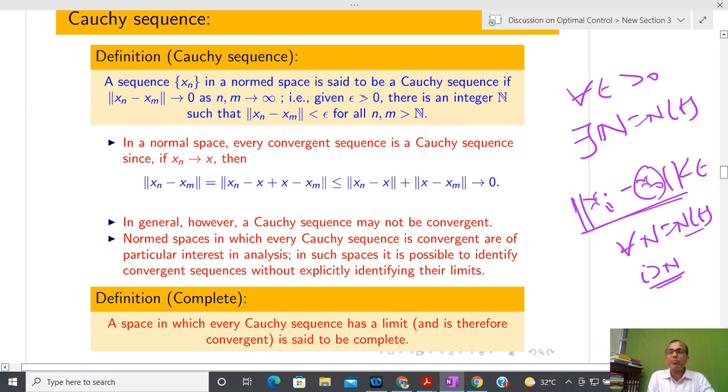Again I formulate a ball of radius epsilon, and we have to show that for all n and m, the norm of x_n minus x_m is less than epsilon. So the meaning of a Cauchy sequence is that if you consider any two terms in the space, they are going to converge towards each other.